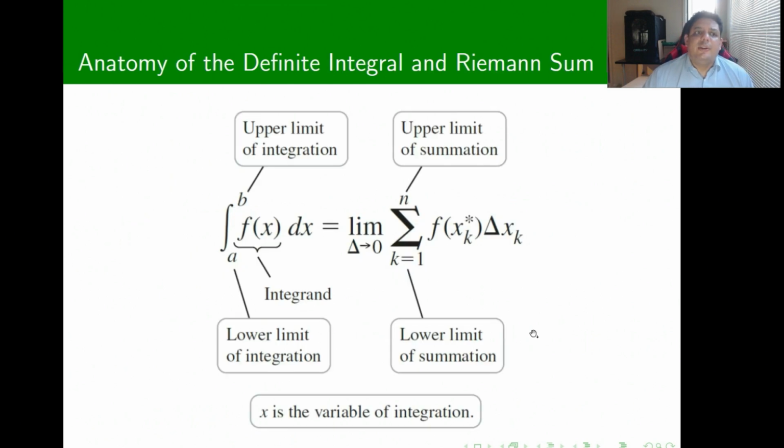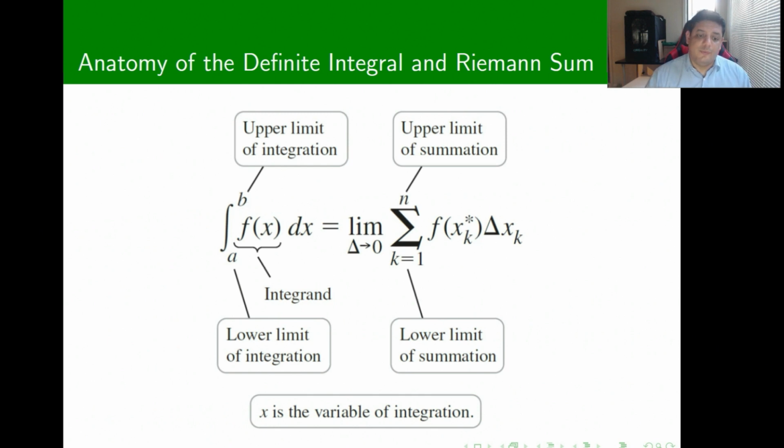Now let's see a little bit of the anatomy of the definite integral and the Riemann sum. We have here the symbol of the integral, which tells us where we are integrating, what the interval is. The lower limit of integration is the starting point of the interval, and the upper limit of integration is the end point of the interval.